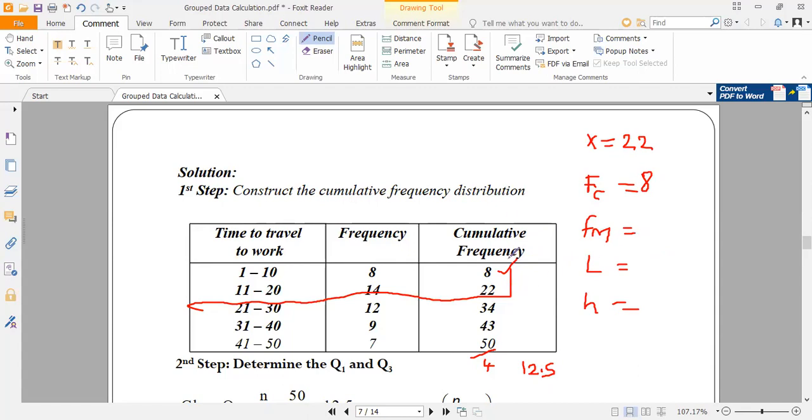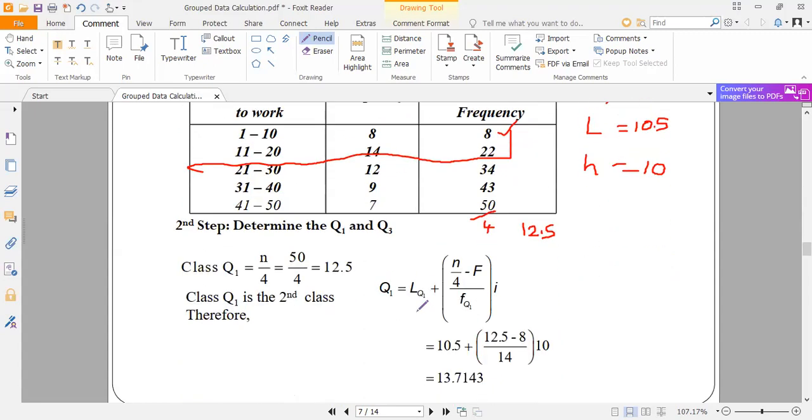Look, when our x is here, our FC is there, our FM is here, and the lower bound is here. So the FM is 14. And what is our L? 10.5. Then what is our height? 10. Correct.